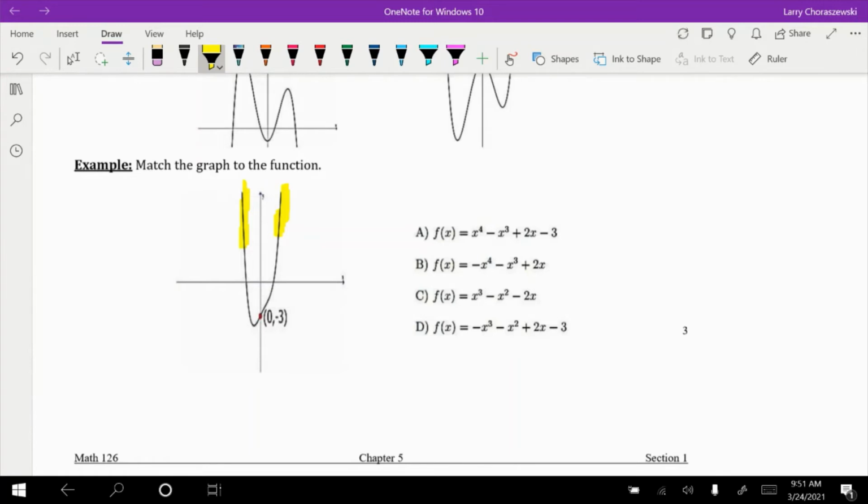Any takers as to which function? Very good. Yep, the function in A.